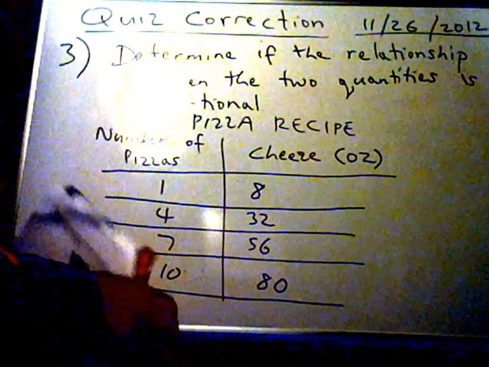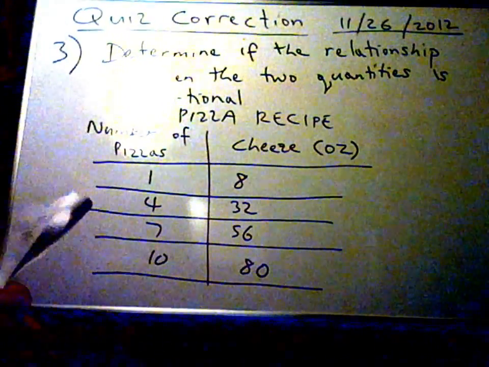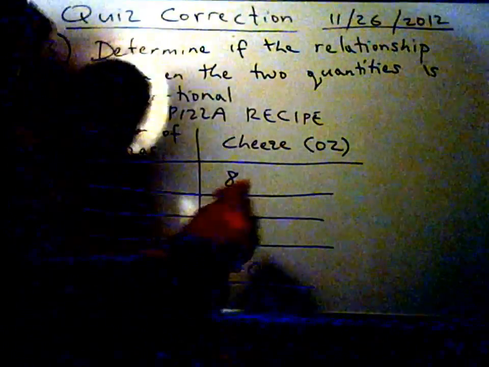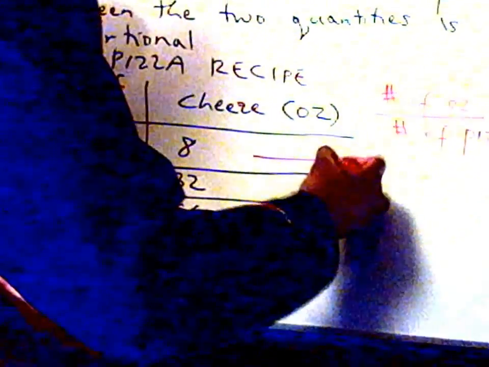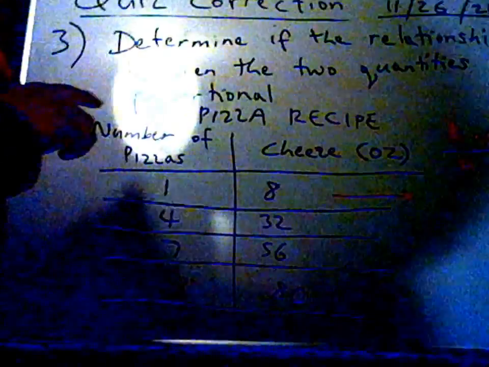If you want to talk about the number of ounces per pizza, you can set up some ratios: number of ounces over number of pizzas. For the first one, you have 8 ounces for 1 pizza, so 8 over 1, which is equivalent to 8.